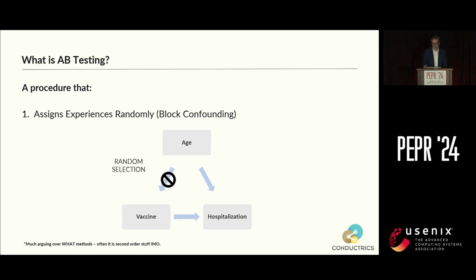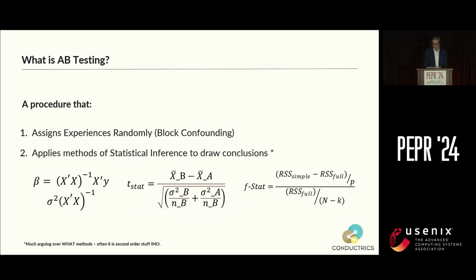It's not the stats. The stats are often fairly second order. The main thing is that we don't want selection bias to confound with the treatment effect. So random selection. And then we want some sort of process that can analyze the results and see whether or not they're consistent with noise.